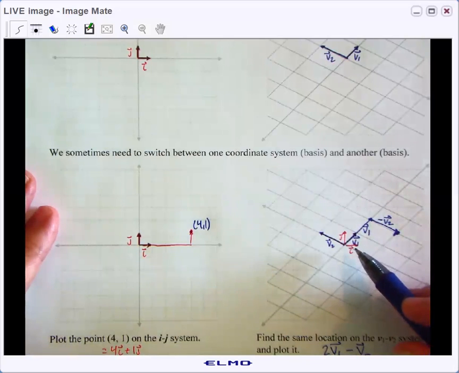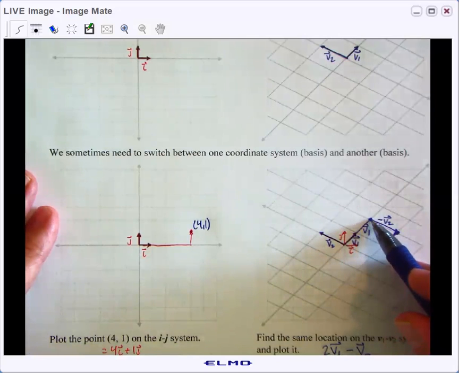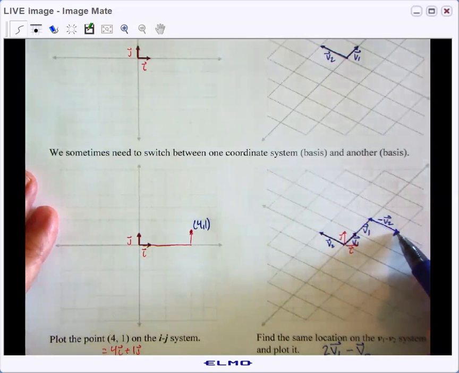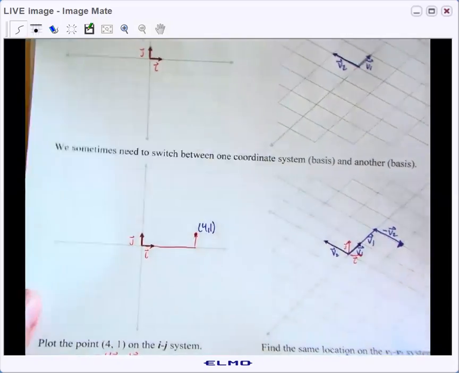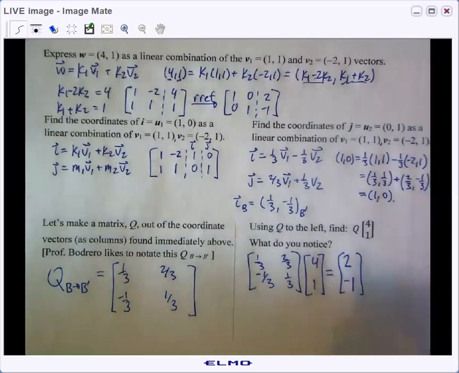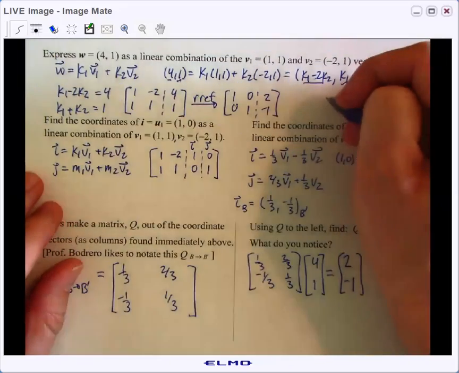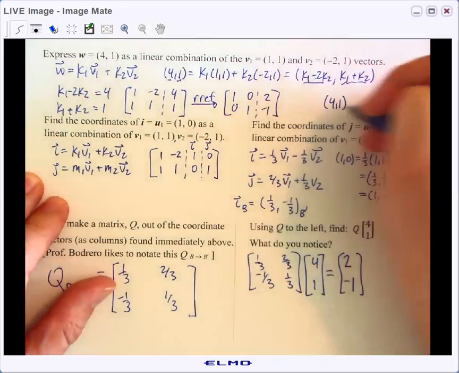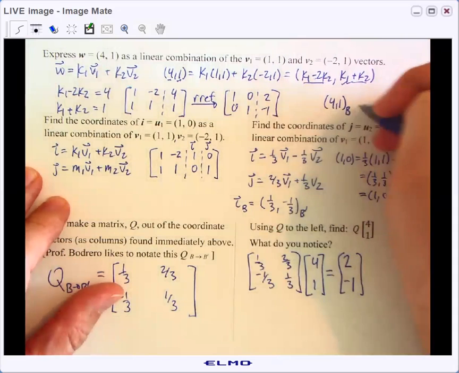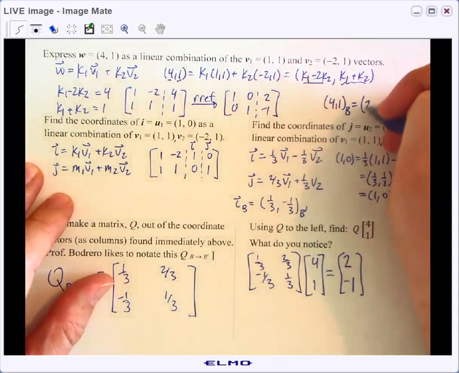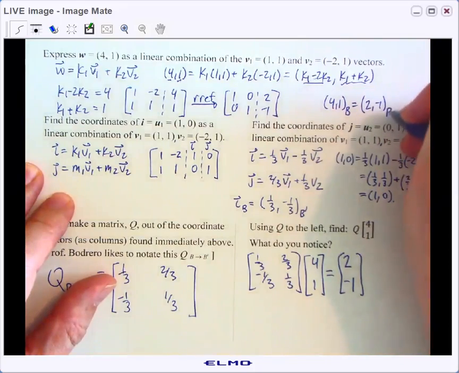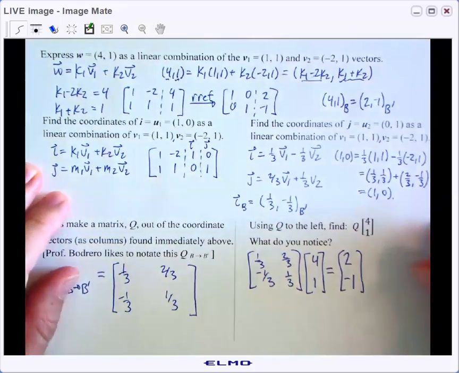But if we wanted to use our blue vectors, I did 2 of the first V1 vector minus 1 of the V2 vector, okay? So that basically tells us that the coordinates of the 4, 1 vector with respect to the B basis is equal to the coordinates 2, -1 with respect to the B prime basis.